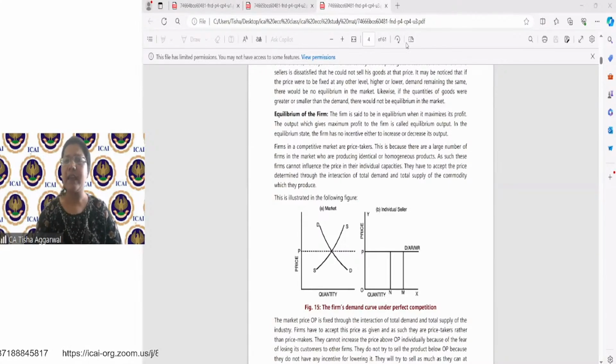ठीक है. Anybody else with any doubt? No doubt? किसी को कोई दिक्कत नहीं है? सब टॉपिक क्लियर है? So can I get an assurance from you all that next class में जब आप लोग आएंगे तो आप लोग टॉपिक आगे से थोड़ा सा पढ़कर आएंगे?